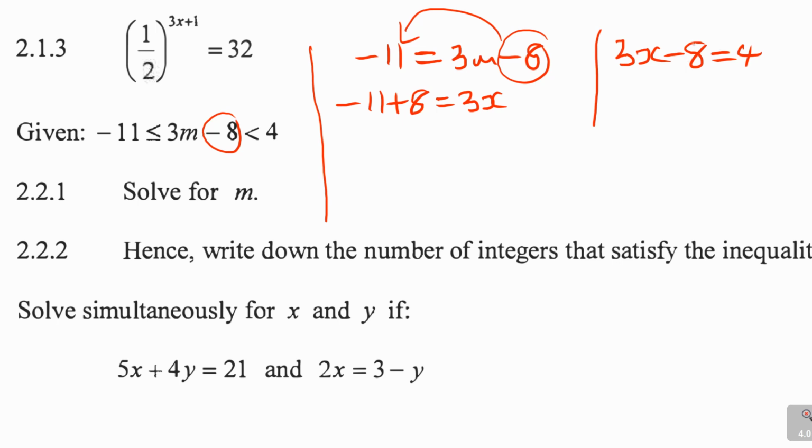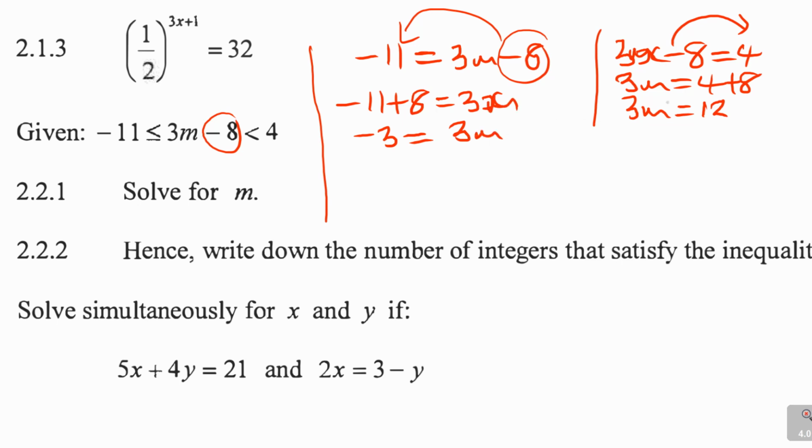Seeing that? And then even here, I take it to the other side, whereby 3m, not x now. This is m. 3m is equal to 4, negative 8 becomes plus 8. So look at this, 3m here is equal to 12, while on this other side it is negative 3 is equal to 3m.